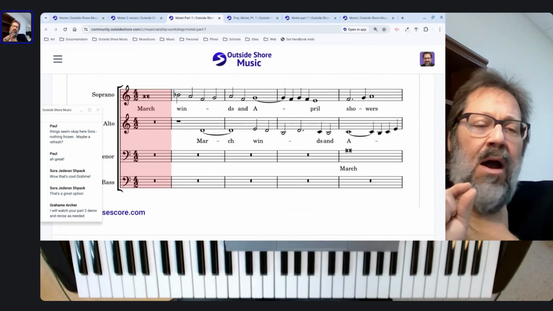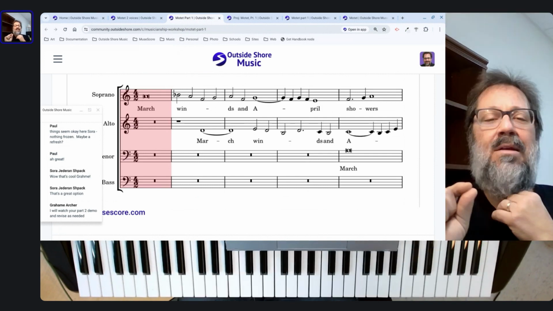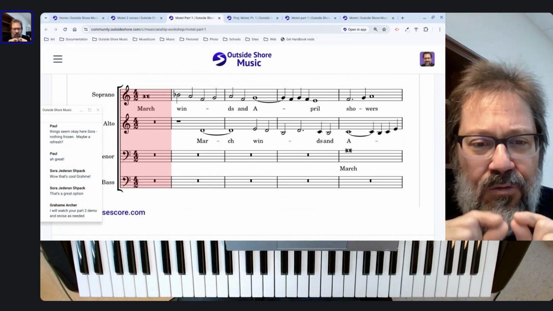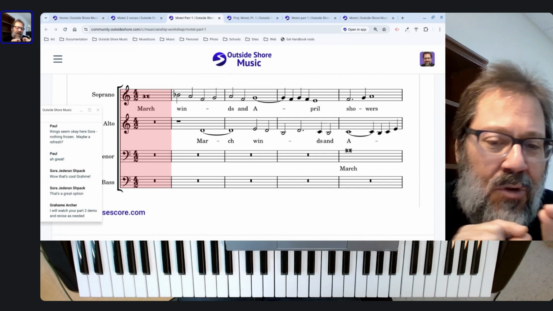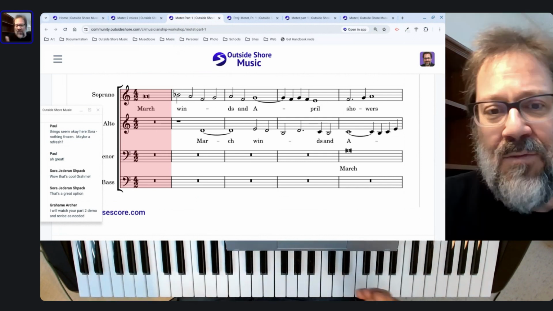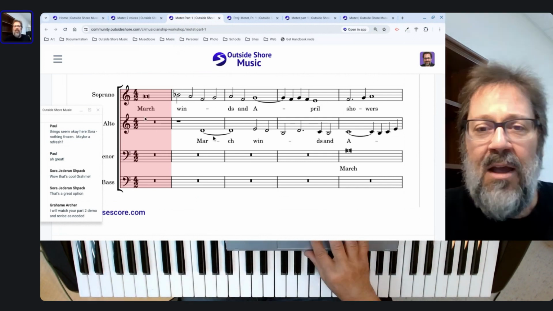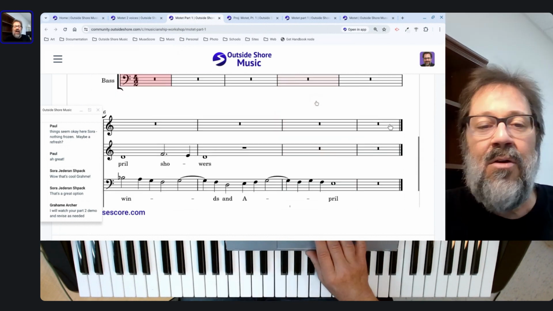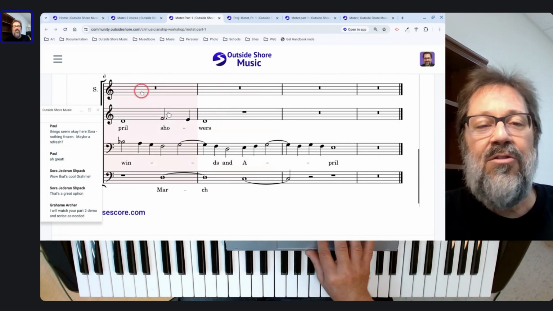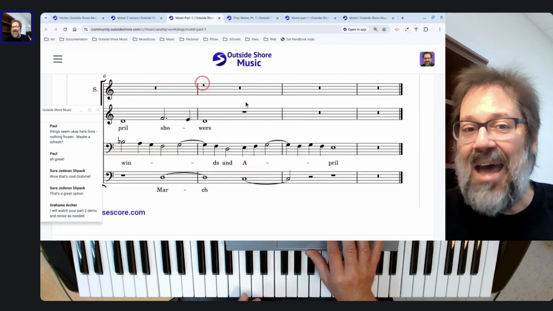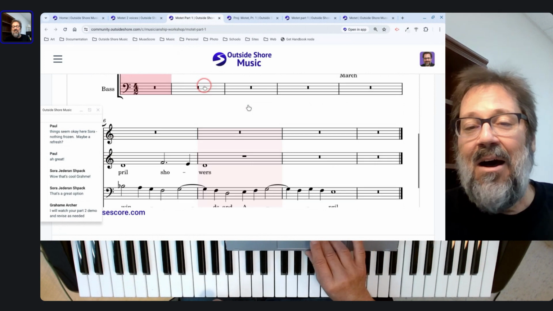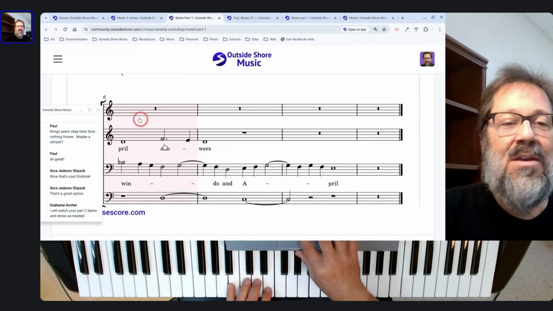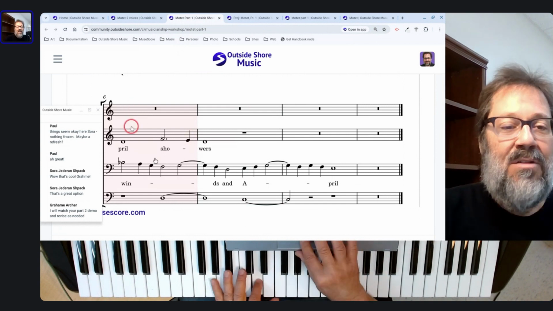I look for opportunities to just steal a little bit of a motif, to feel like I'm related to what's going on, even though it's not anything real specific. So I look at this little pattern and say, oh, there's a nice little pattern. Can I find something for the soprano to do in these last few bars that is kind of like that? What beat is that? So it starts on an off beat. So like in this measure, there's a D and a B flat.